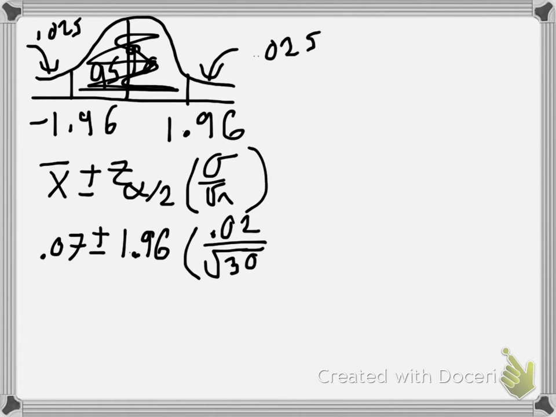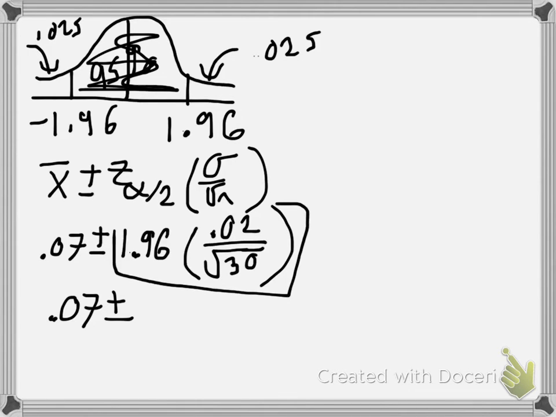Now here, what happens typically is students forget to take the square root of 30 first. So things go a little bit awry. Now, the big thing for you: when you're doing a z-test, whatever this number comes out to be, you can never have more digits than what x bar is.